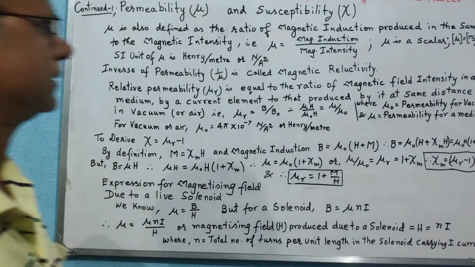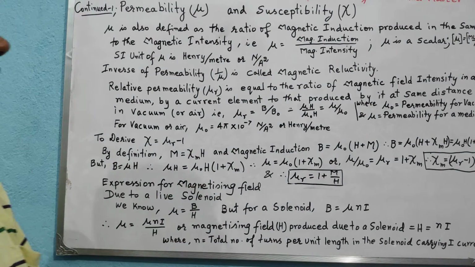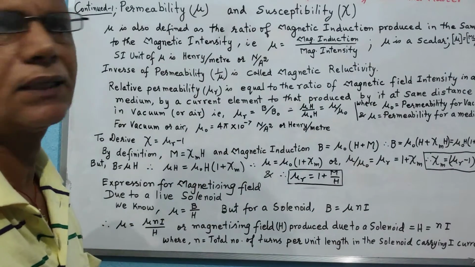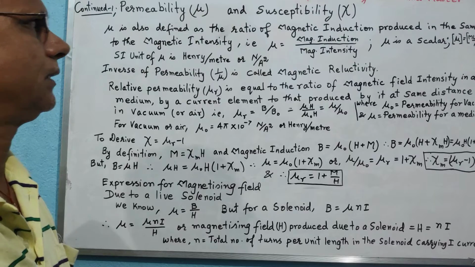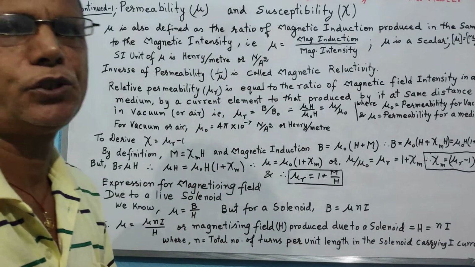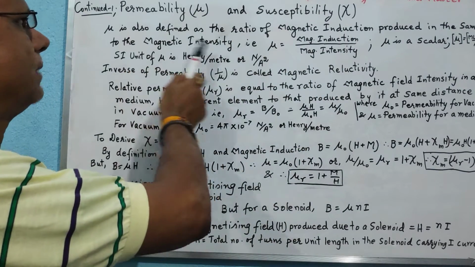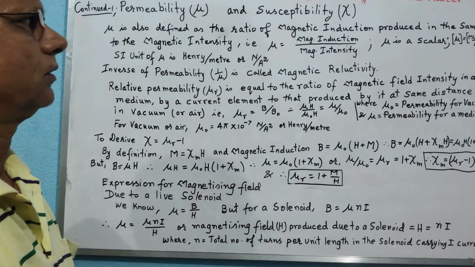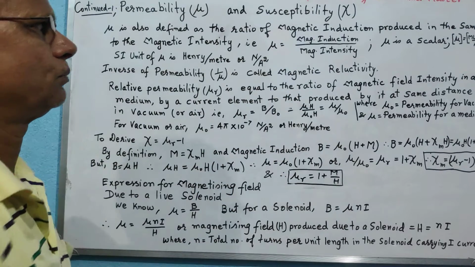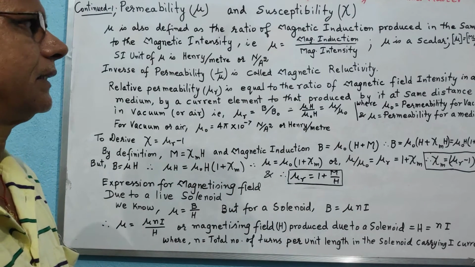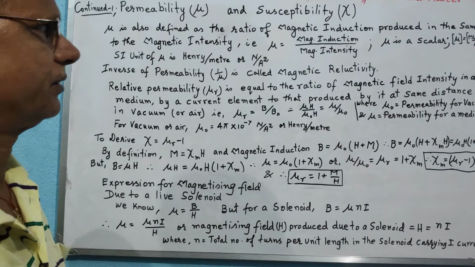Last time we discussed what permeability is. This is another way of defining permeability. It is defined as the ratio of magnetic induction produced in the sample to the magnetic intensity. So mu is also equal to magnetic induction divided by magnetic intensity of the magnetizing field.